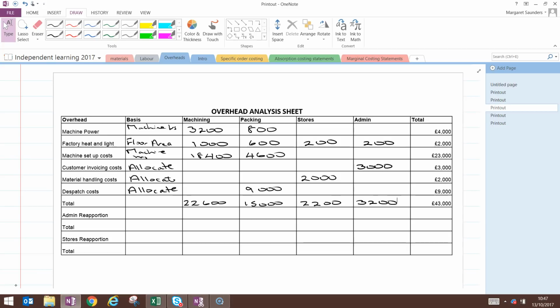And the admin department doesn't produce the product, but it provides the service in terms of the paperwork for the final product. So what we have are that machining and packing are production departments, and stores and admin are known as service centres.